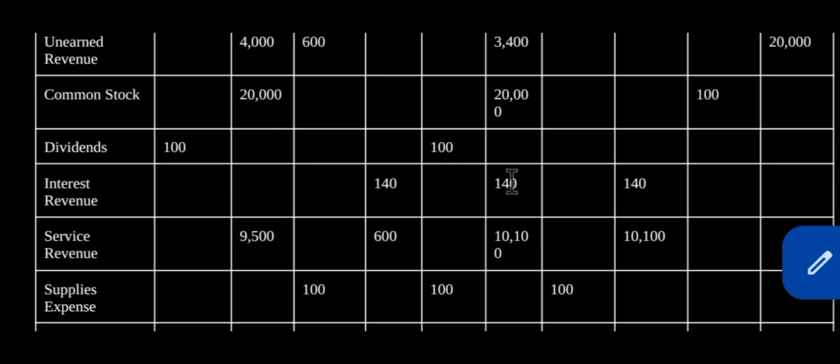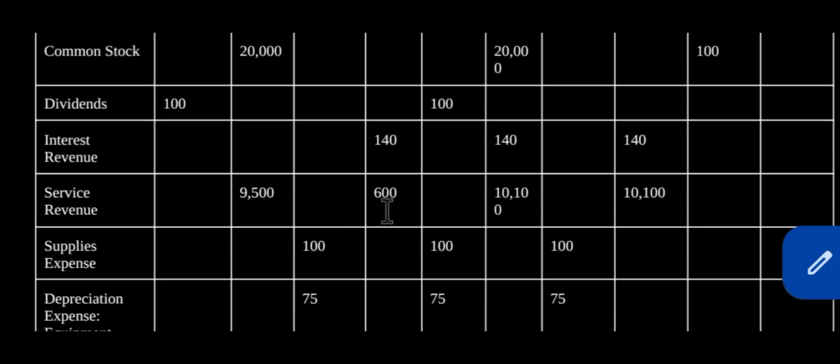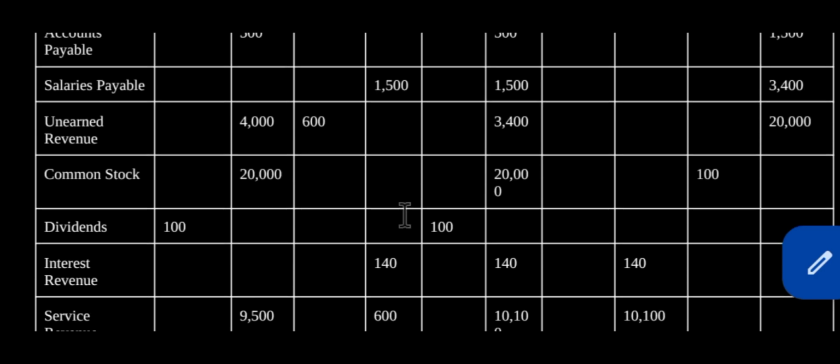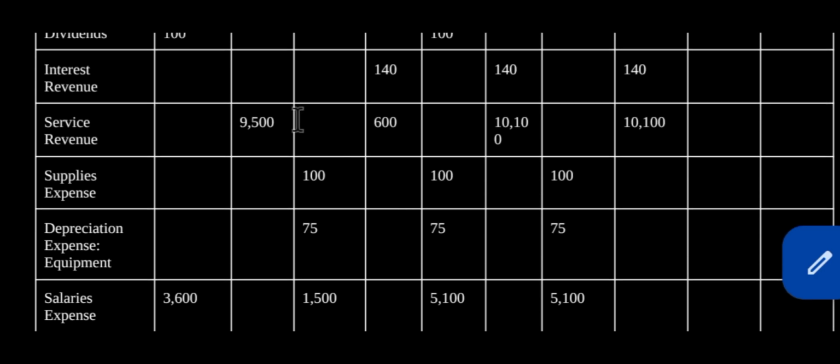Still copy paste it. Service revenue, which is 9,500 on the credit side. We have an adjustment here, which is 600 on the same side, 600.